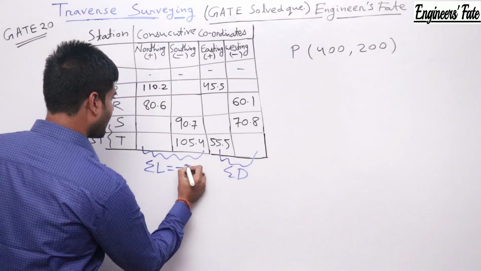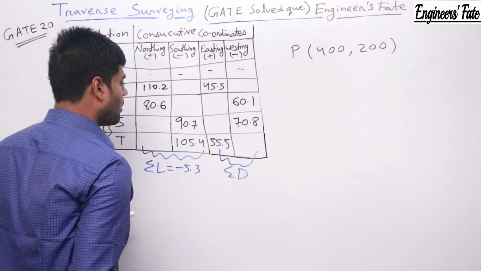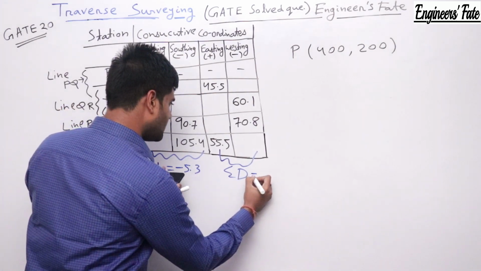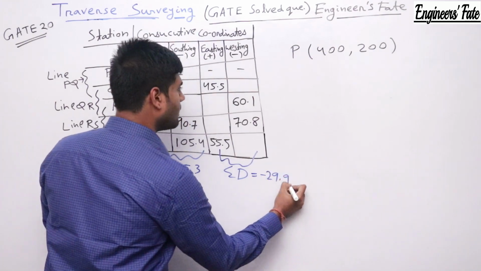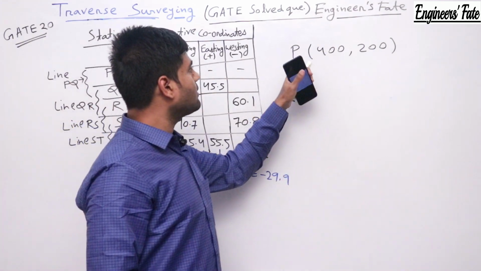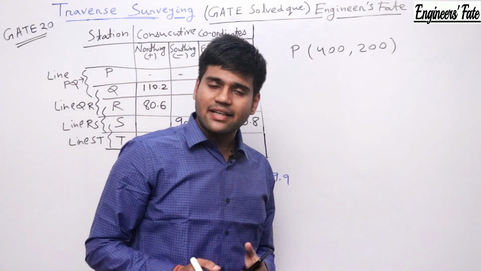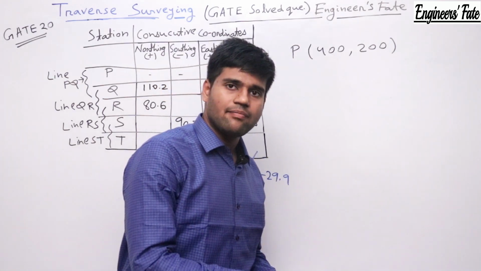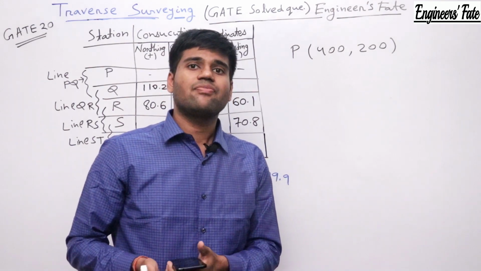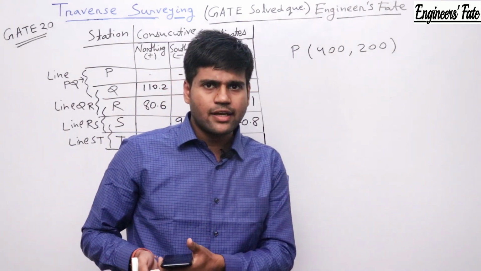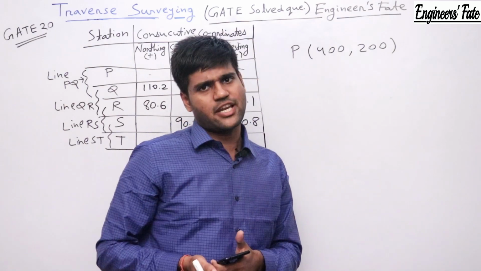That is minus 5.3. What is the summation of departure? That will come as minus 29.9. And the coordinates of P are given as this. I have started my traverse from P and I am ending my traverse at T, means I have asked the coordinates of the last station.